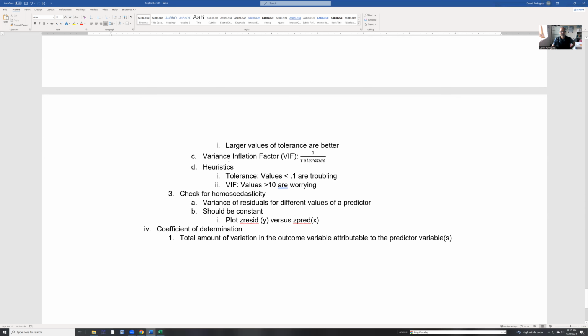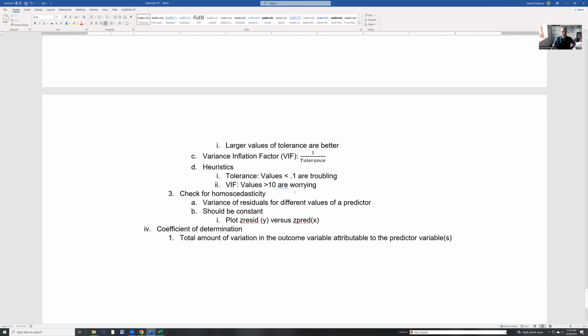And then there's another measure, the variance inflation factor, which is just 1 divided by the tolerance. So you have these two. Tolerance values less than 0.1 are troubling, right? And VIF values greater than 10 are worrying.